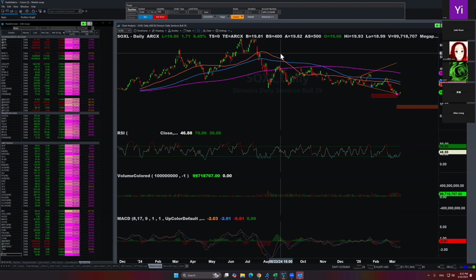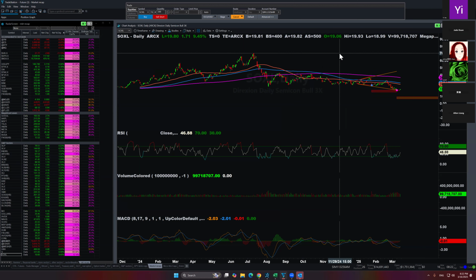You don't really have to use options. If you buy this and then eventually the market goes back up to make a new high, they always do, then you can make five times your money easily with very low risk. A lot of times your stop loss could be $10. And if this thing drops to 9, you load 20, 30,000. 30,000 is only 250,000.